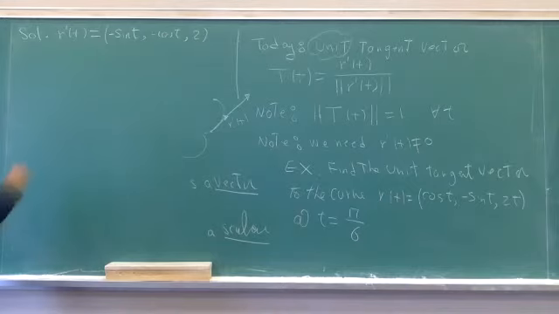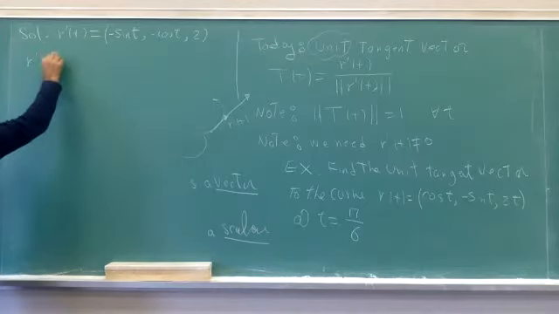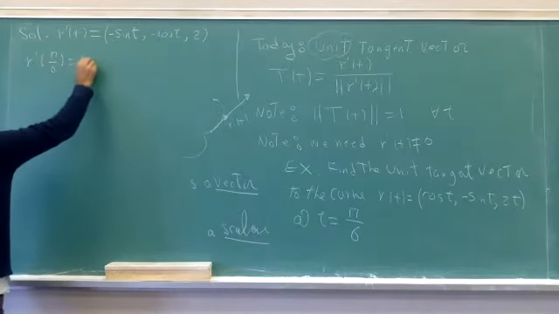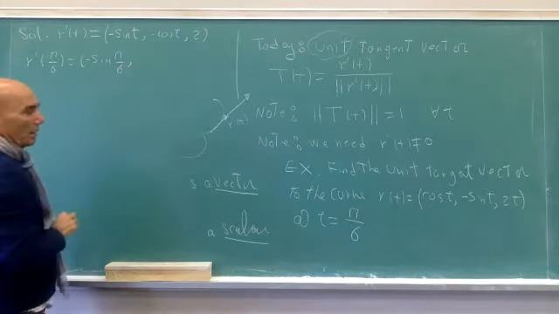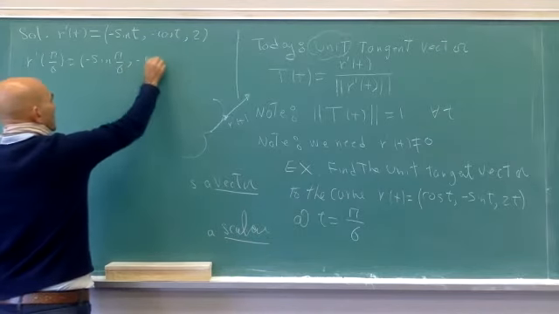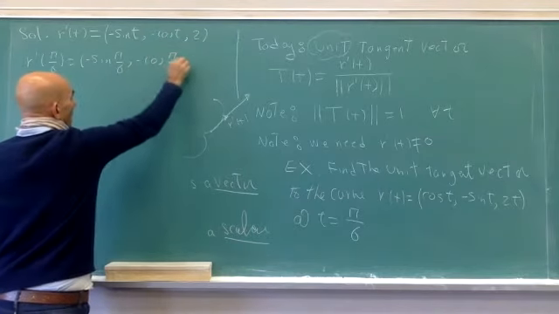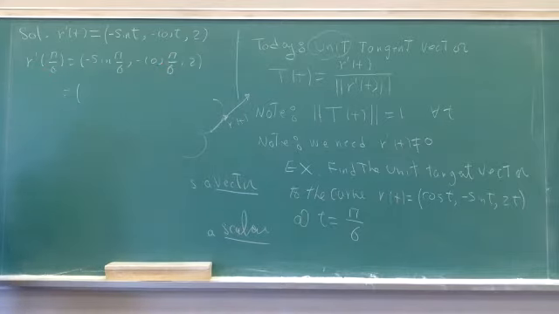So what is r prime at the point pi over 6? That's negative sine of pi over 6, negative cosine of pi over 6, and 2.